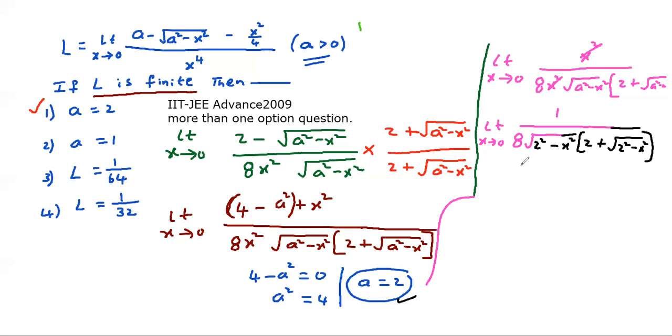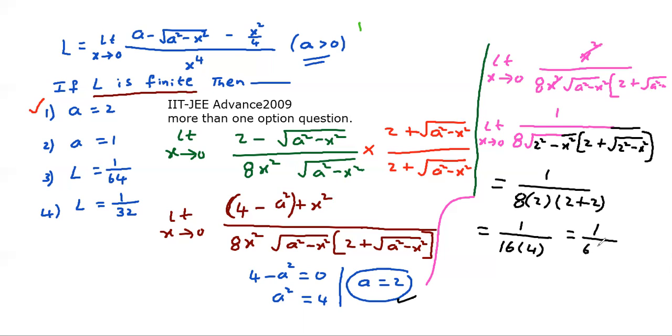Now apply the limit, x tends to 0. Then what is your final step? Here you get 1 by 8 into, if x is 0, root 2 square is 2 only, 8 into 2 into 2 plus 2. Now this is nothing but 1 by 8 into 2, 16 into 4, right? So 1 by 16 into 4, that is 1 by 64.